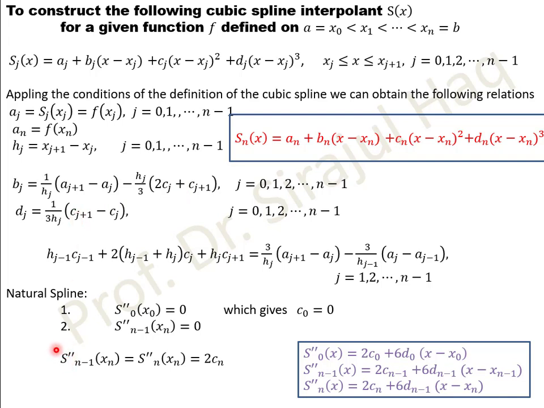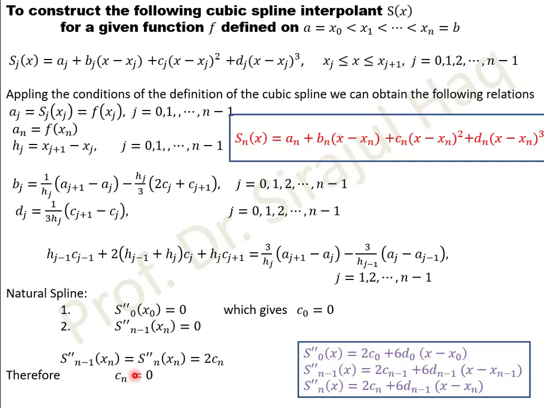But since this is equal to 0, in other words, I can say that 2cn is equal to 0. And 2cn equal to 0 means that cn is equal to 0. This is another equation. So n minus 1 equations plus 1 gives n equations, plus 1 gives n plus 1 equations. So if I use this equation, this one and this one, I completed my system.